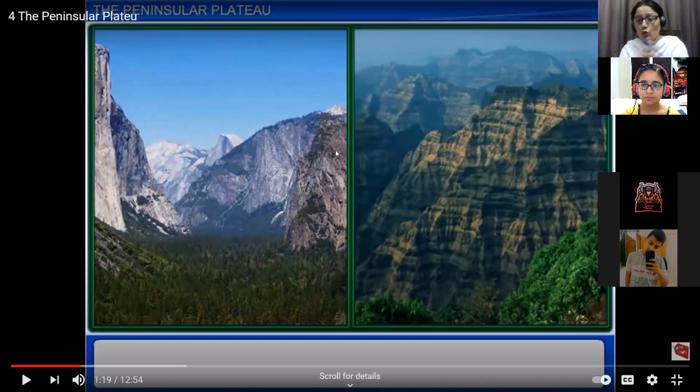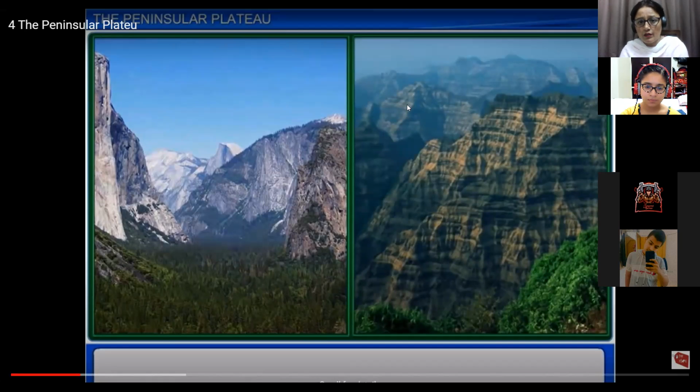What is the meaning of rounded hills and why do we have rounded hills here? In North India, do we have rounded hills? Any one of you? What do rounded hills indicate? Listen to this very carefully. There are two types of hills. One is completely sharp.